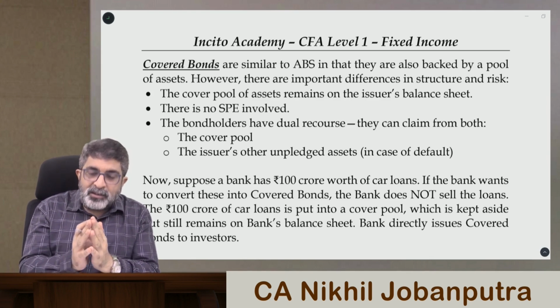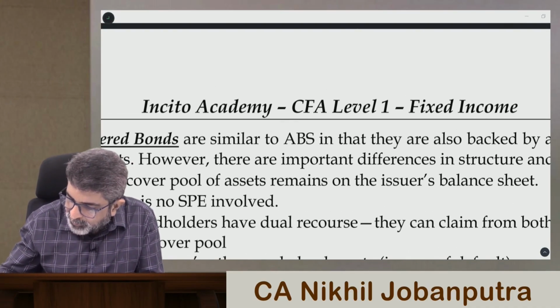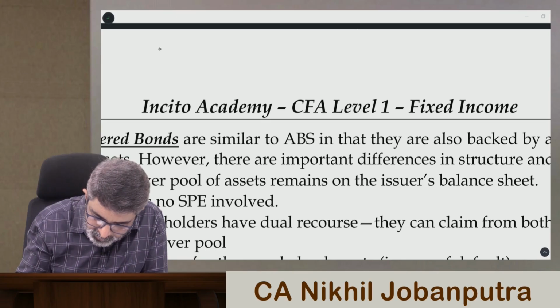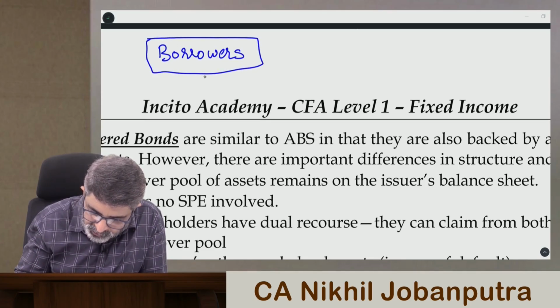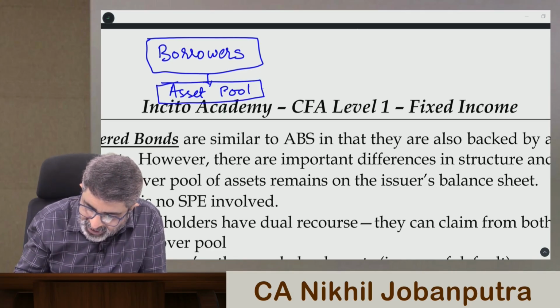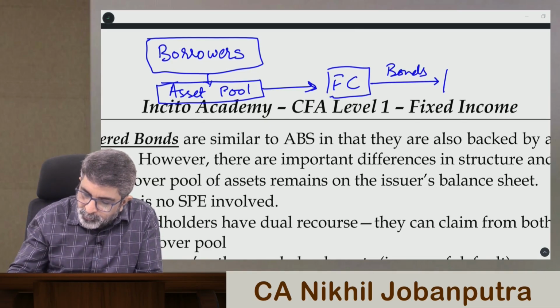So now there are three parties involved over here. Which three parties? There will be borrowers, which are actually creating the asset pool, and this asset pool is the asset of that finance company. No SPE is coming into the picture. The finance company is issuing bonds to whom?